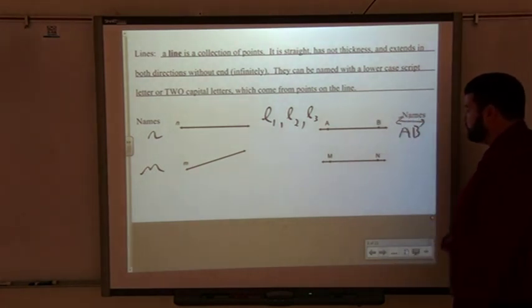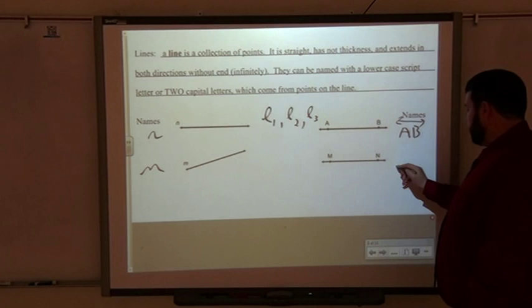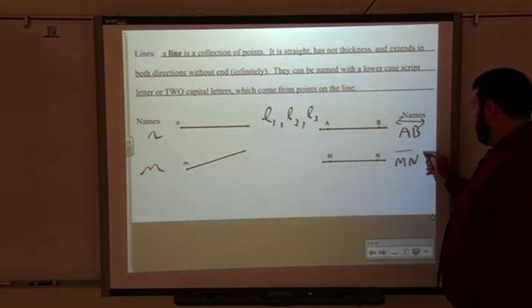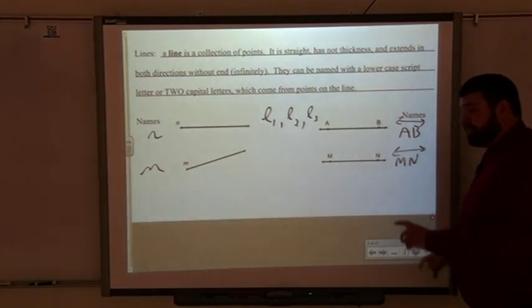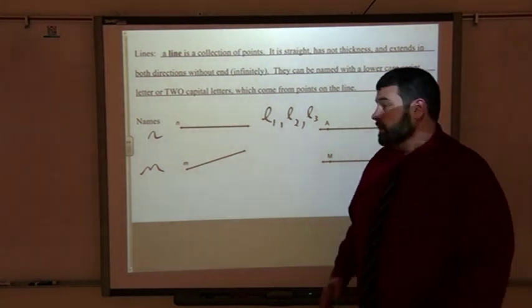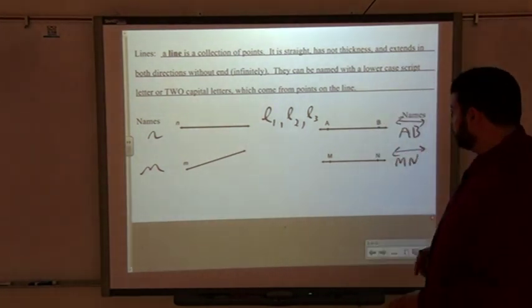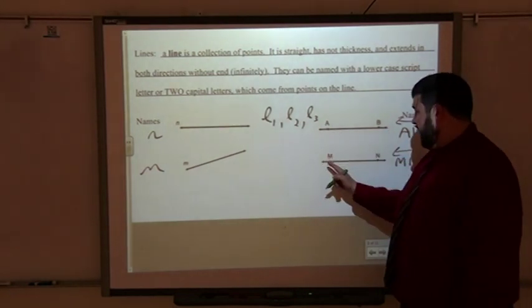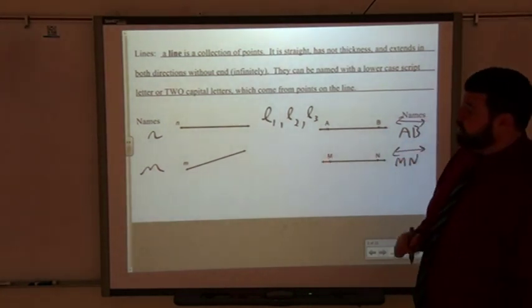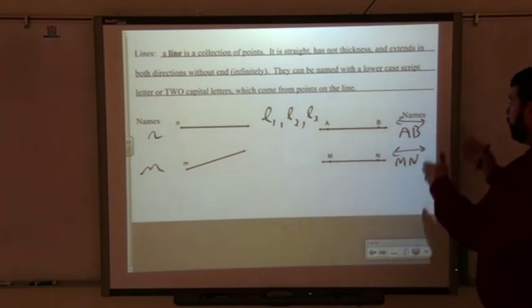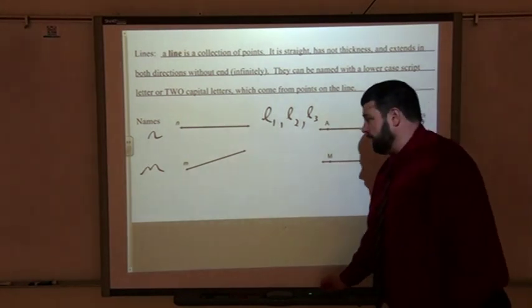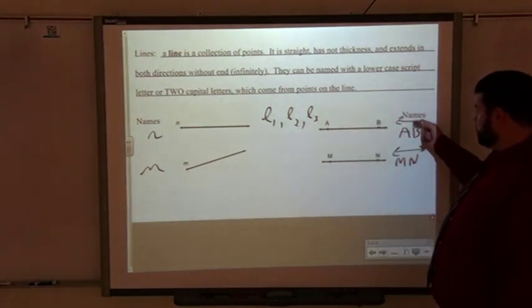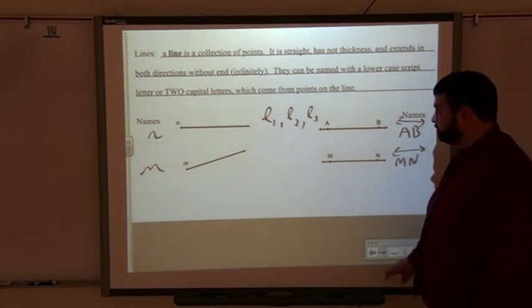So that's why the arrow's going on both sides. The same exact thing here for MN. I need the line on top with the arrows on both sides. So lines go forever in both directions, and that's why we need the arrows on both sides. So you can use 1 script letter, or you can use 2 capital letters. But make sure you put this on top so we know the difference.